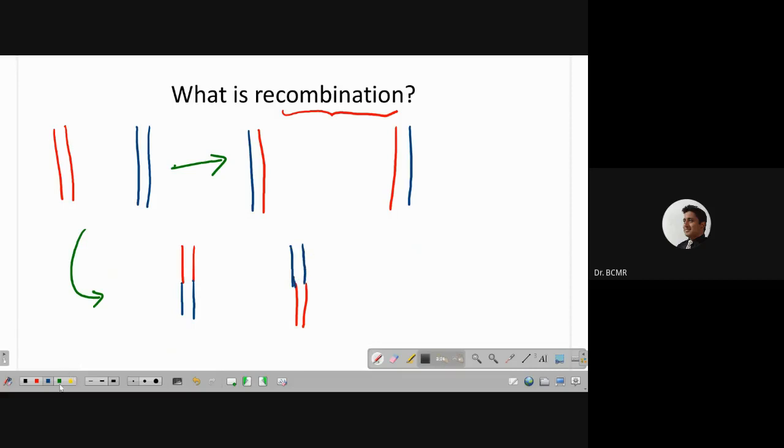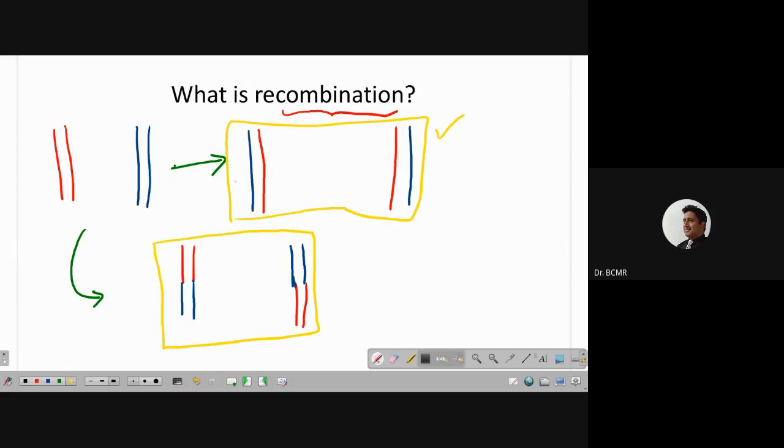So I hope you notice the difference between the top one and the bottom one, right? In the top one, there is no phosphodiester backbone breakage. There is no degradation of any phosphate bonds on the backbones.